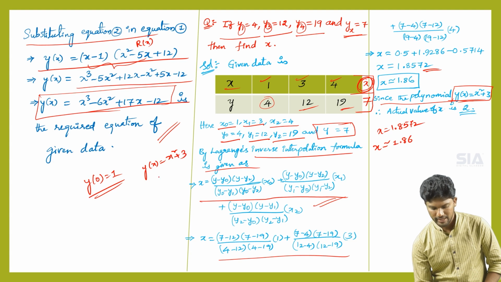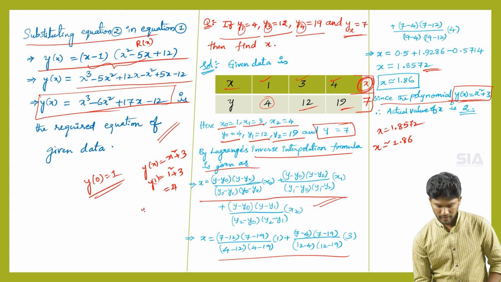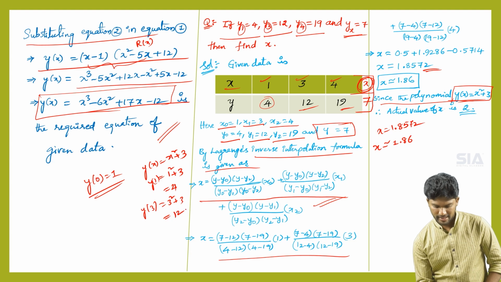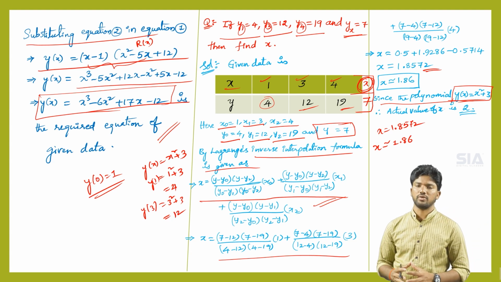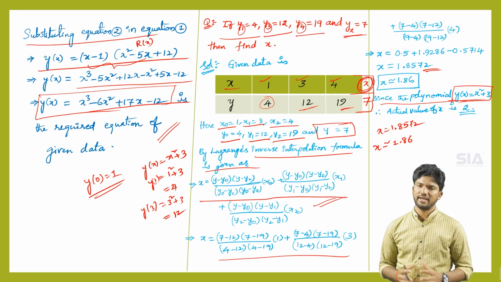If you substitute x is equal to 1, 1 square plus 3, that is y of 1, you will get 4. Is it correct? Right. Next for y of 3, 3 square plus 3, it is also 12. Next for y of 4, 4 square plus 3, 16 plus 3, 19.